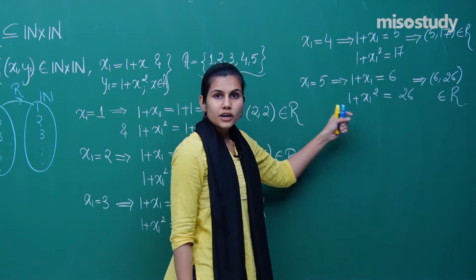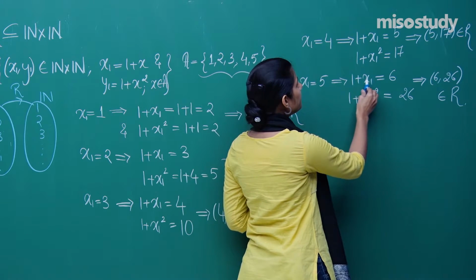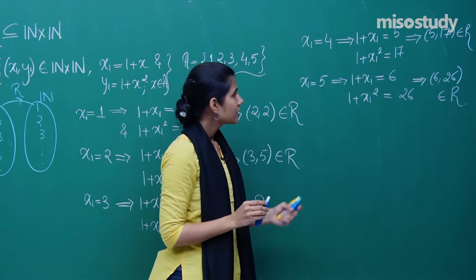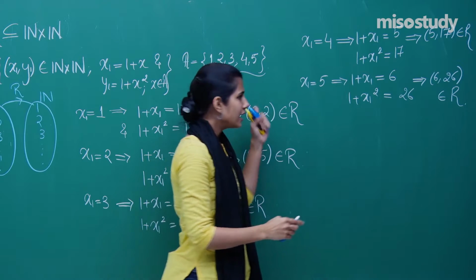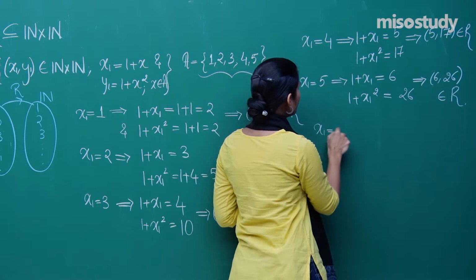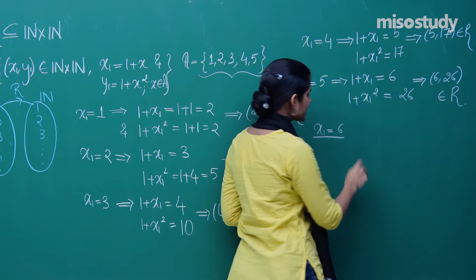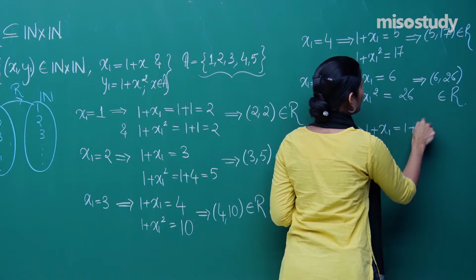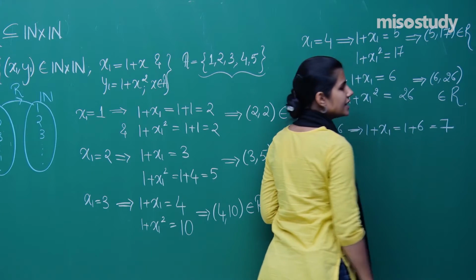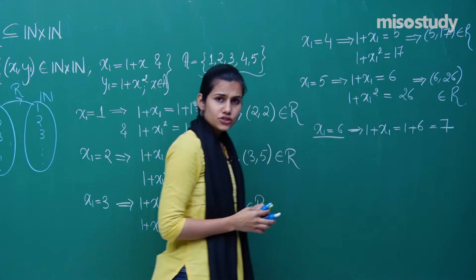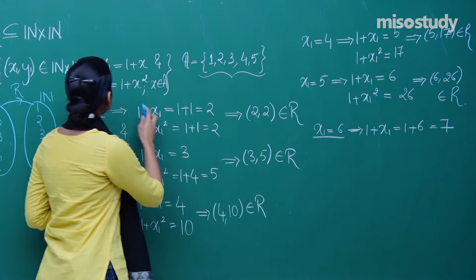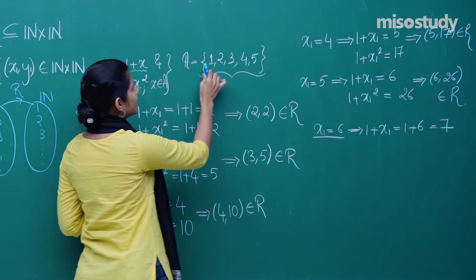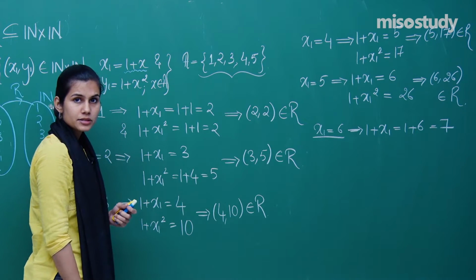Up till here, we have obtained 1 plus x for x equals 5. After that, if I move to x1 equals 6, it gives me 1 plus x1, which is 1 plus 6, which is 7. But the relation says the first component should look like 1 plus x, where x is coming from these 5 members.